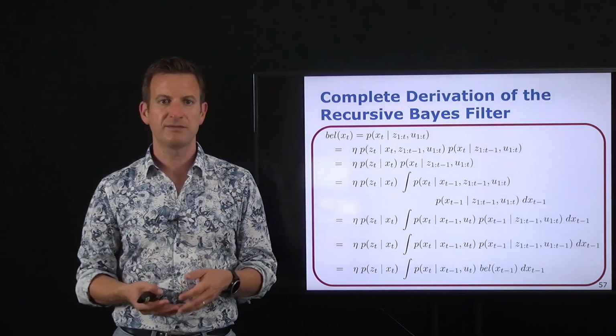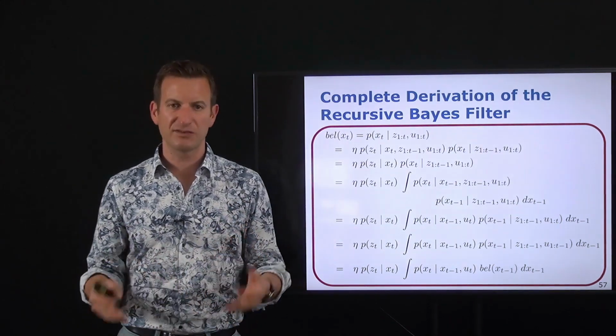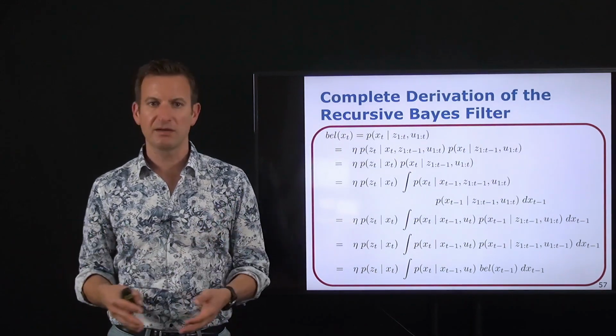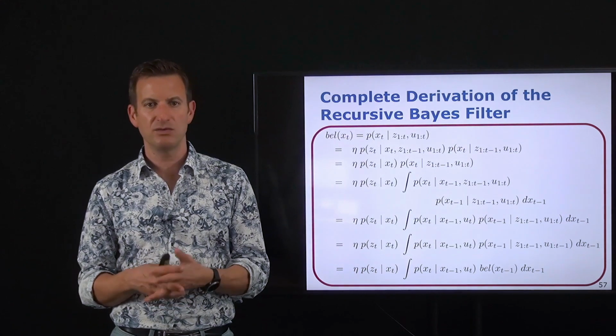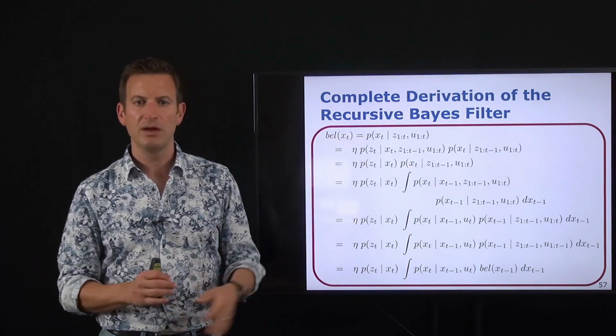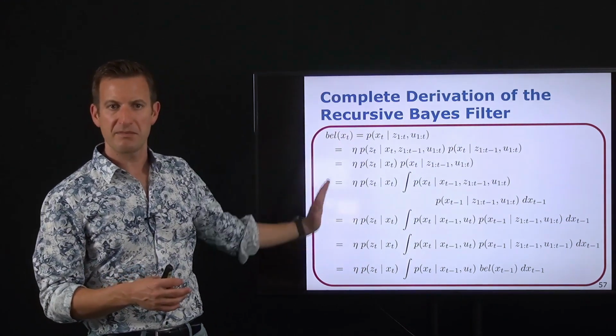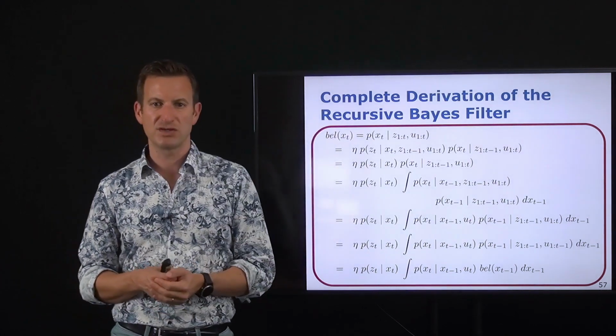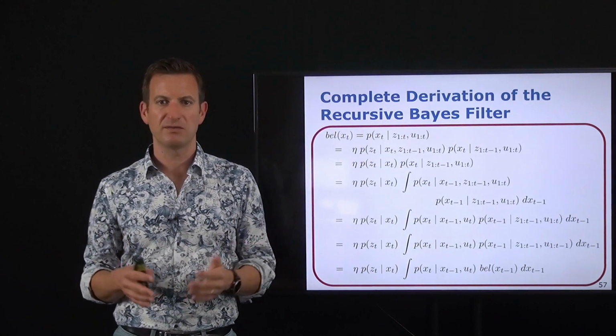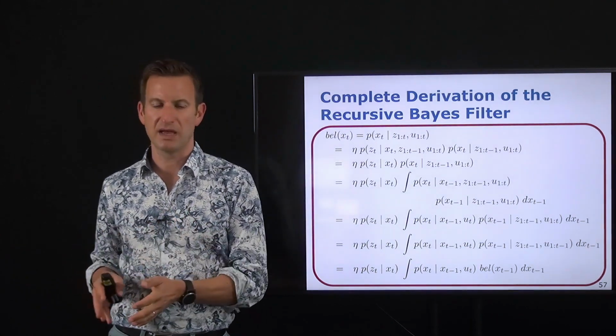If you think about the Kalman filter, the extended Kalman filter, the unscented Kalman filter, the particle filter, the histogram filter, or other recursive filtering techniques that you know already or will get to know, they all rely on this mathematical framework. So it's the very basic derivation of the Bayes filter from the beginning to the end.